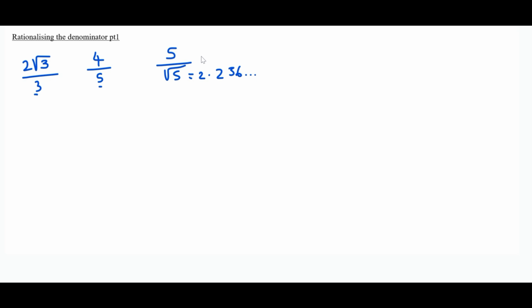Meaning, when we get these types of questions, we need to find a way to rationalize the denominator, so make the denominator a whole number. And there's a rule that we can follow when it comes to surds to actually work this out.